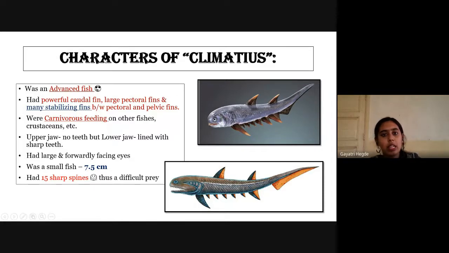Now coming to characteristics of Climatius. So this is how that fish used to look.